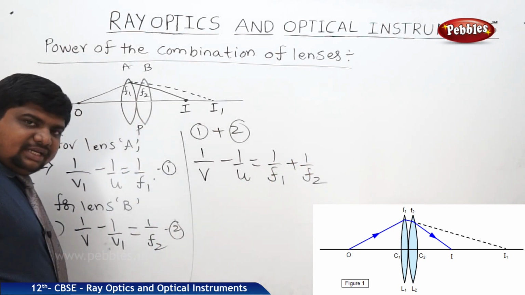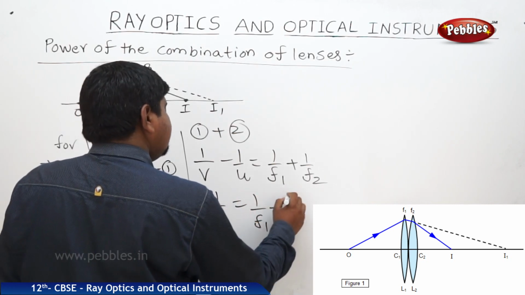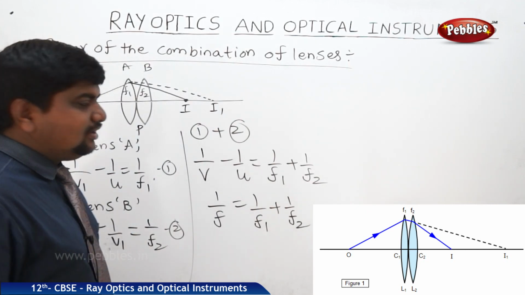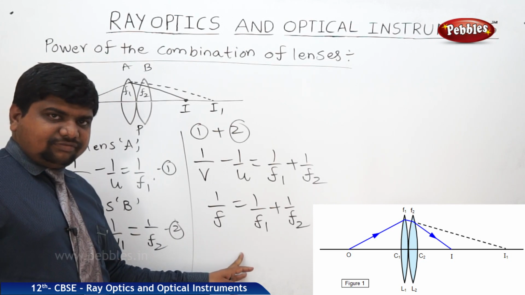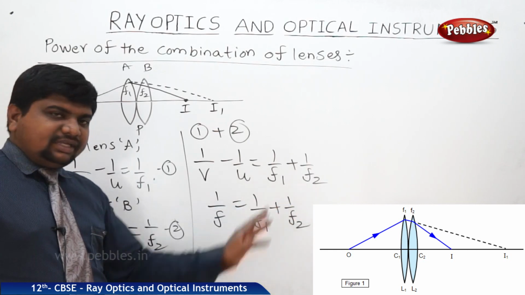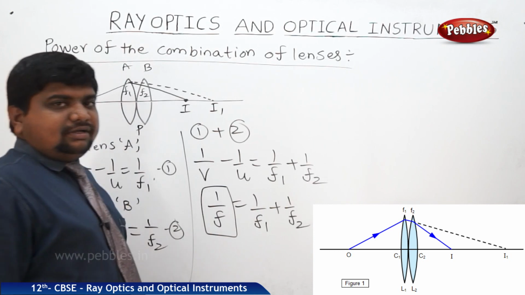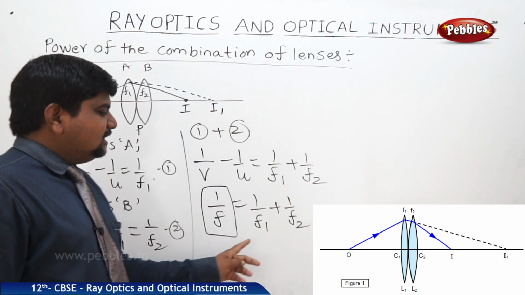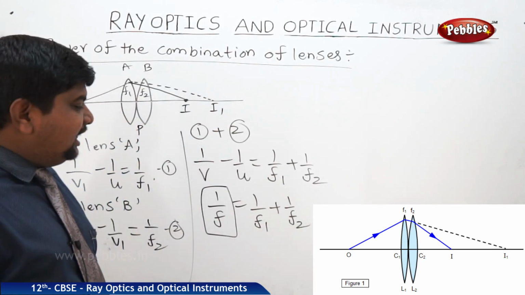We know that 1 by V minus 1 by U is equal to 1 by F. So for the combination of lenses, the effective power is 1 by F is equal to 1 by F1 plus 1 by F2. That means the effective reciprocal of the focal length, the effective power of the lenses, is equal to the sum of the reciprocals of the focal lengths of each individual lens.